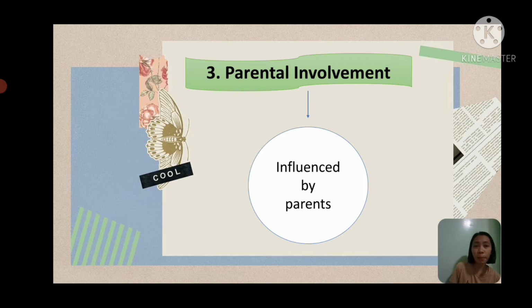But parental involvement is not just about how parents discipline their child, whether good or bad, but there's also the teacher and parent relationship involved in this factor.